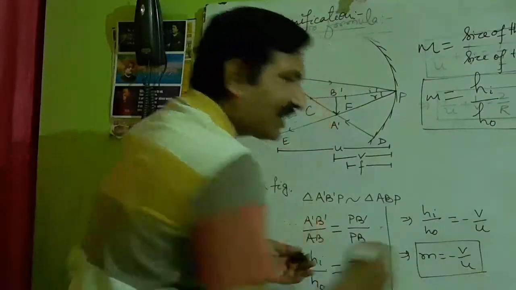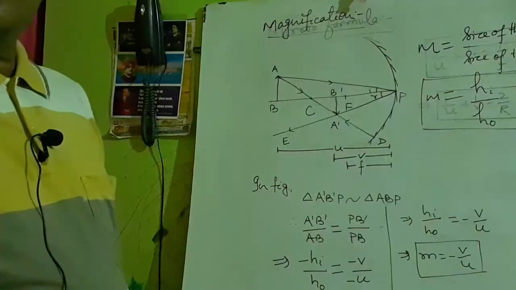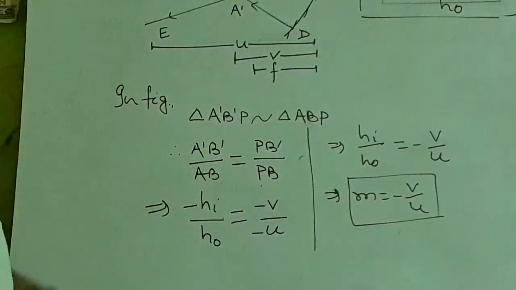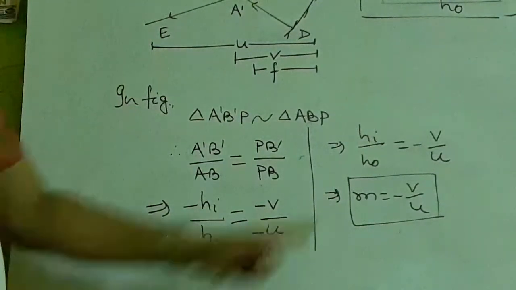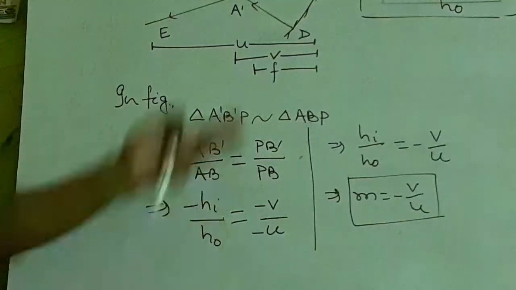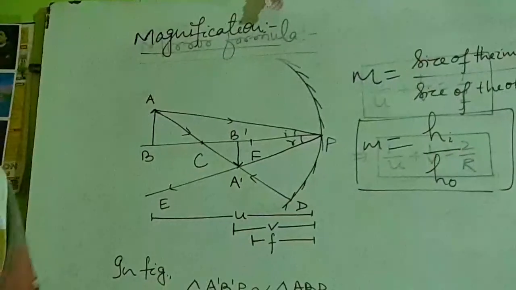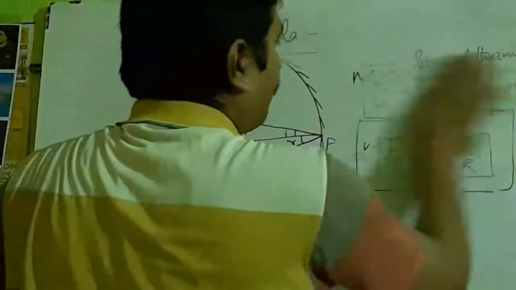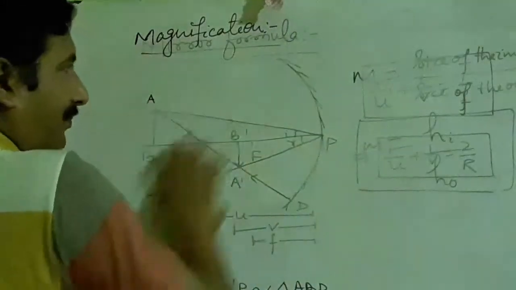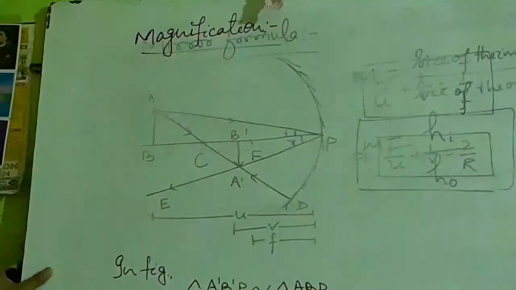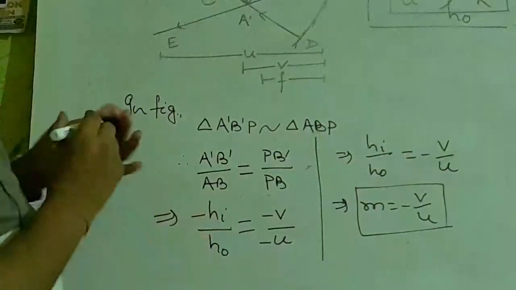The first relation of magnification was m is equal to hi by ho. After that, m is equal to minus v by u. Now we will be using u in terms of v and f, or v in terms of u and f. You see how? m is equal to minus v by u.